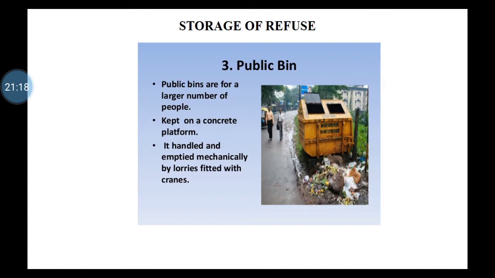They are handled and emptied mechanically by lorries fitted with cranes. Refuse from the dustbins of nearby houses should also be collected in the public bins. In many Western countries, instead of conventional dustbins, paper sacks are used. I gave you that example.